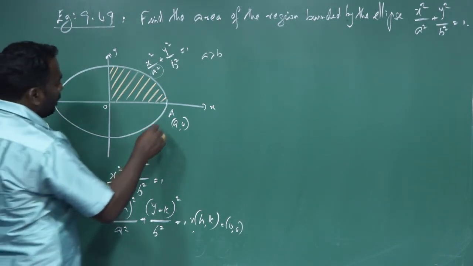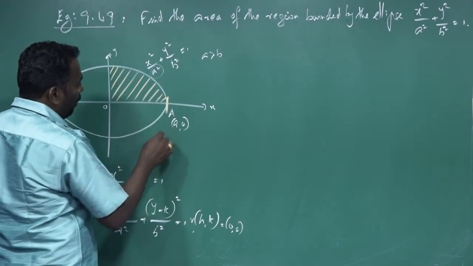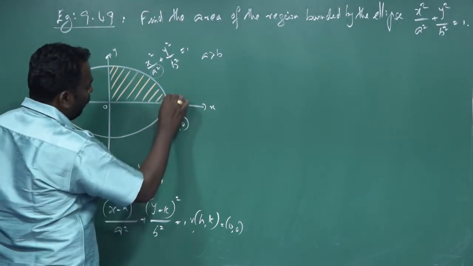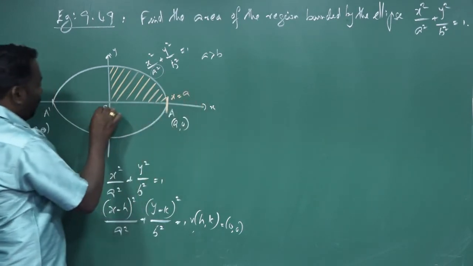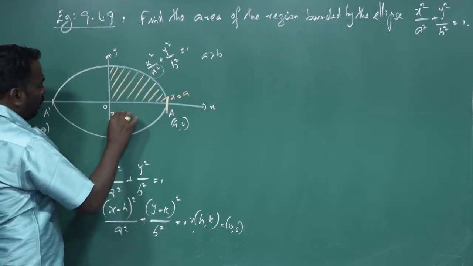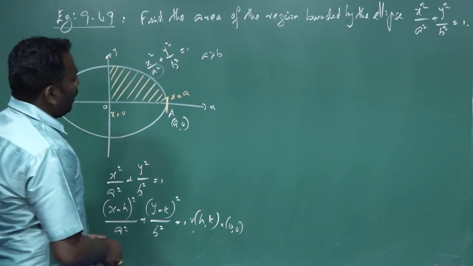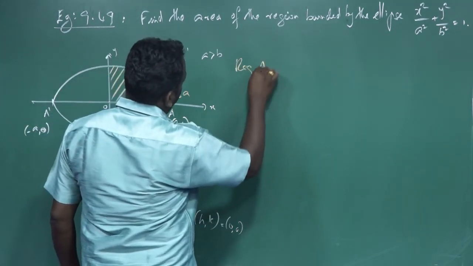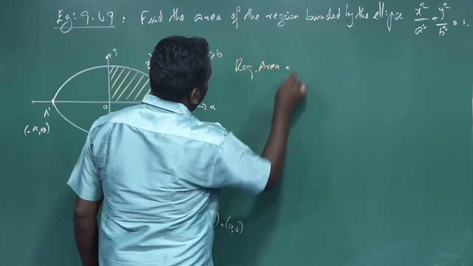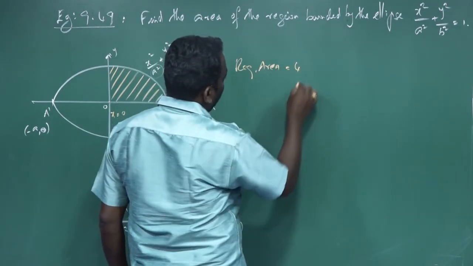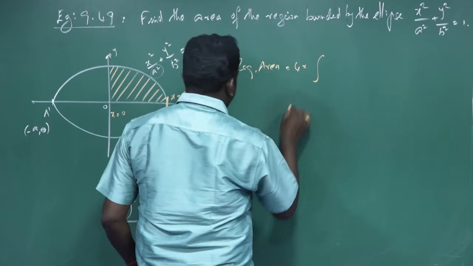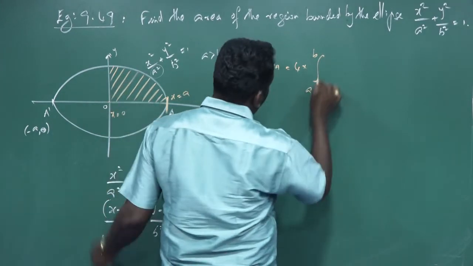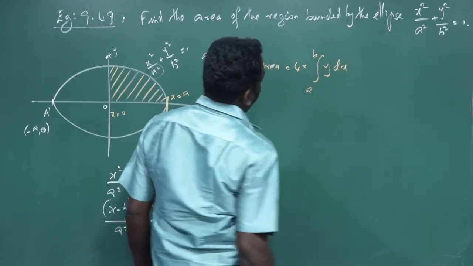Therefore, in this bounded area, one of the boundaries is x equal to 0, and another boundary is x equal to a. So the area is defined by 4 times the integral from a to b, above the x-axis, of y into dx.